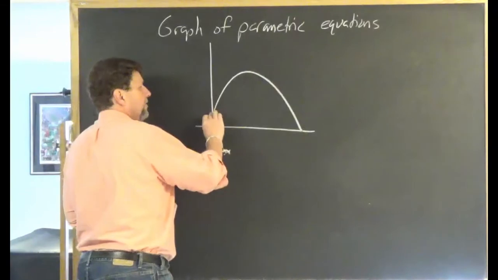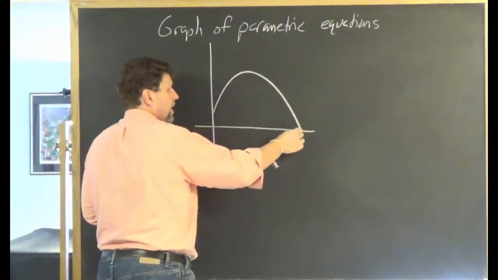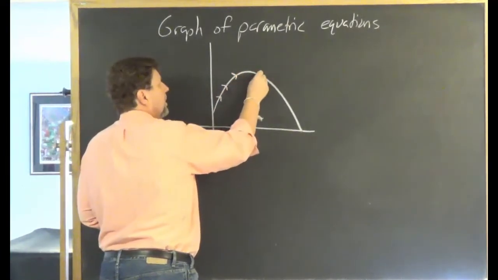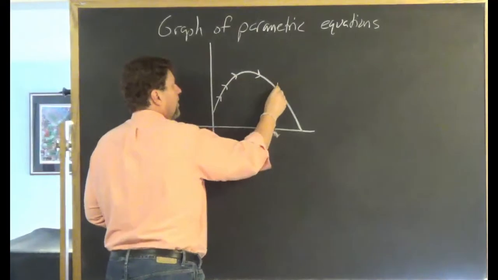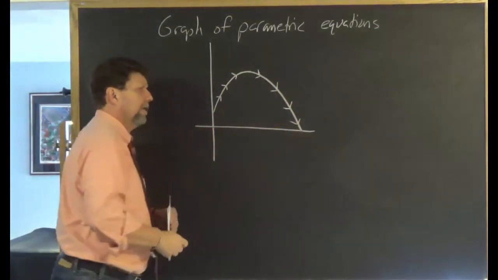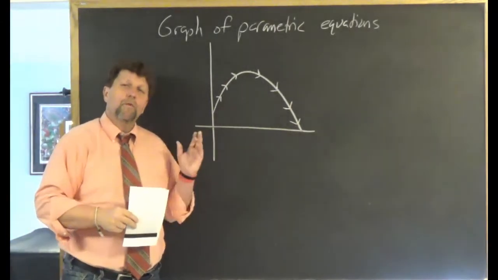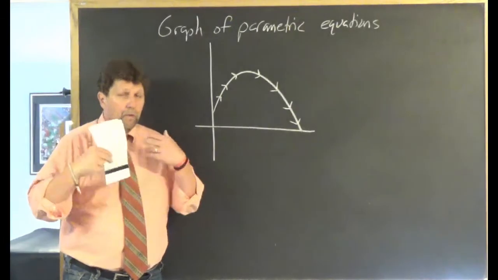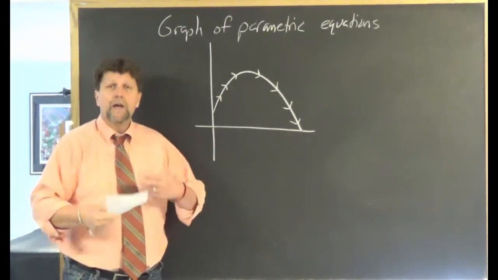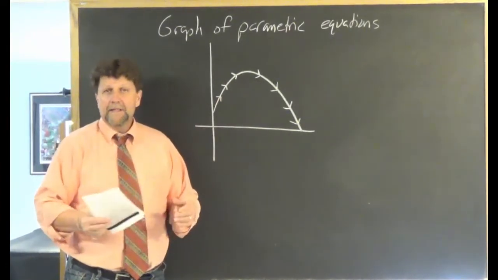It was graphed in this orientation. That's how it was traced out. So all we have to do is put little arrows on the graph itself. Those arrows show the orientation of the curve. That's the one thing we have to add. We're going to be using our calculator to get the graphs of these parametric equations, but we must always put in the orientation. So that's it.